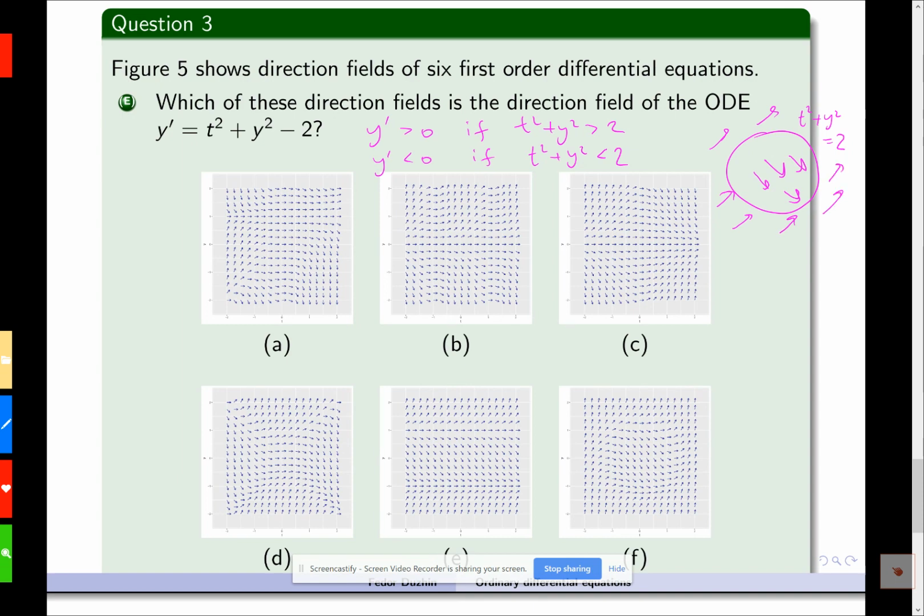Do we have something like this? If you look at these six direction fields, you will notice that F is the right one, because here we have the circle, inside the circle arrows point downwards, outside the circle arrows point upward. So the correct answer is F.